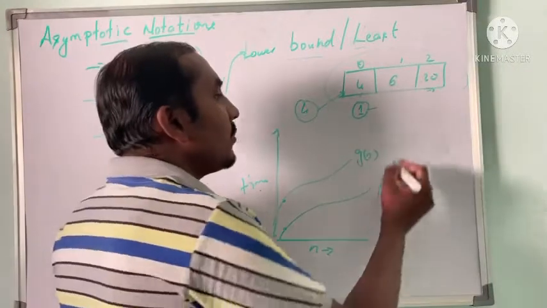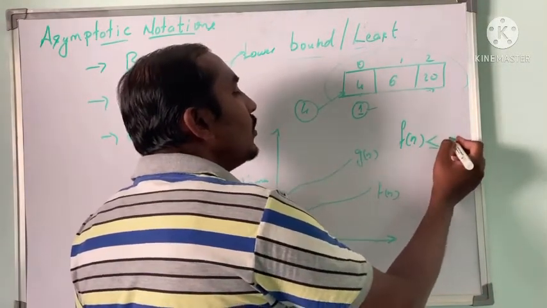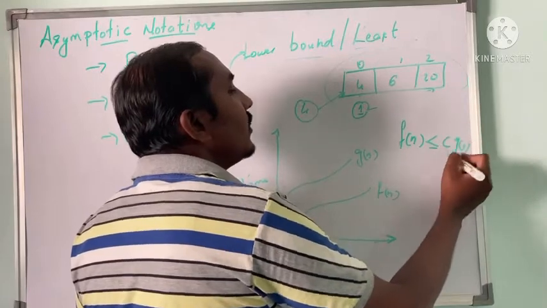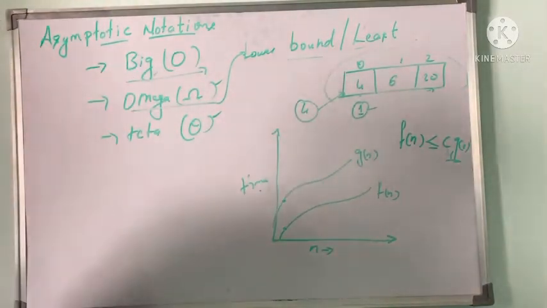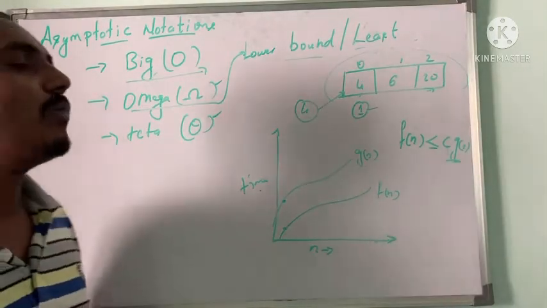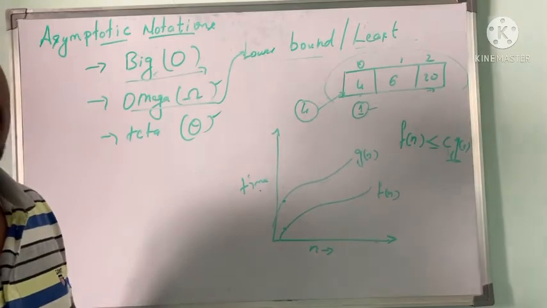So you can represent here that f of n is always less than or equal to c of g of n. This represents omega notation, which represents the lower bound, or the least possible time for completion of an execution.